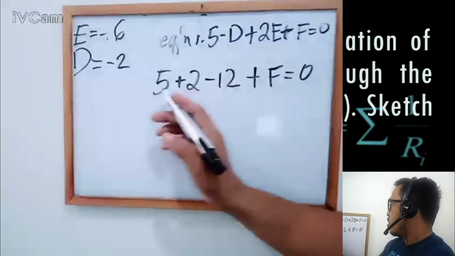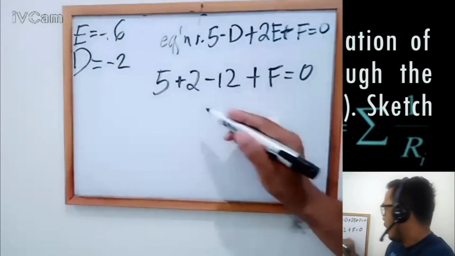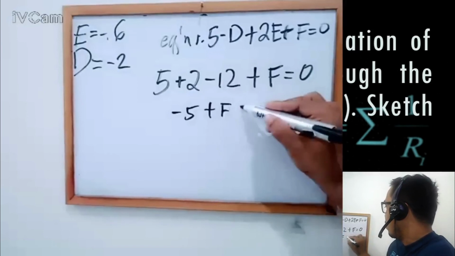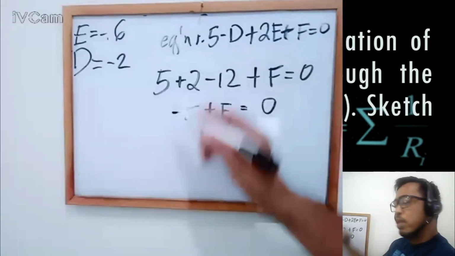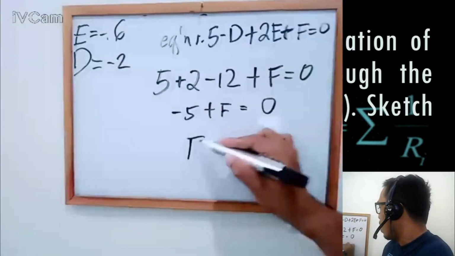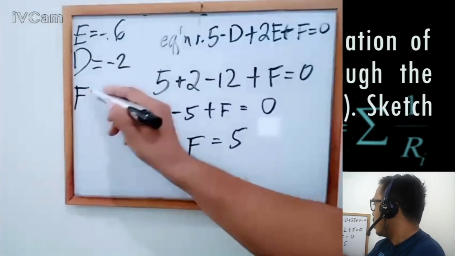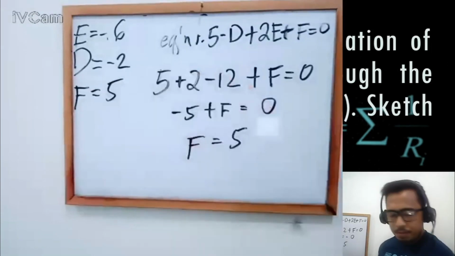So it is just negative 5 plus f equal to 0. Transfer 5 to the other side, so your f is equal to positive 5.